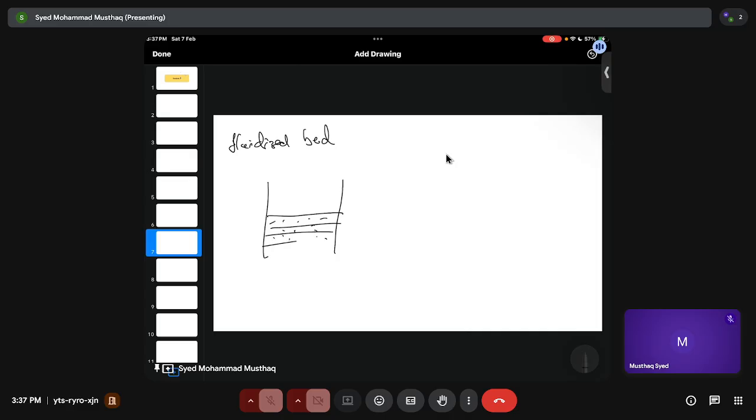You just put some powder particles here, and then you apply hot air from the bottom, such that these particles float and behave like fluid particles. Then it is called a fully developed fluidized bed, right?